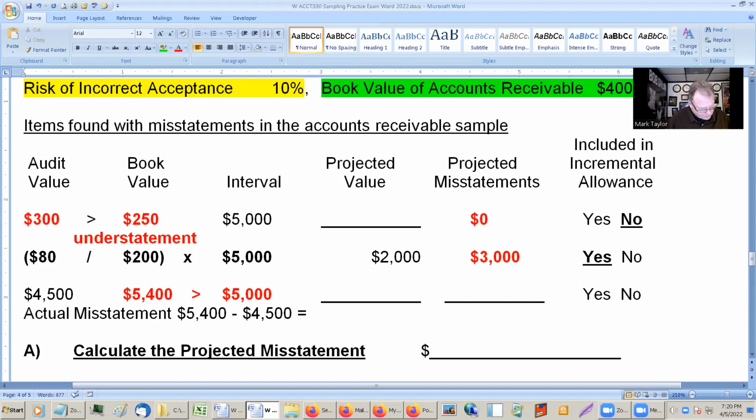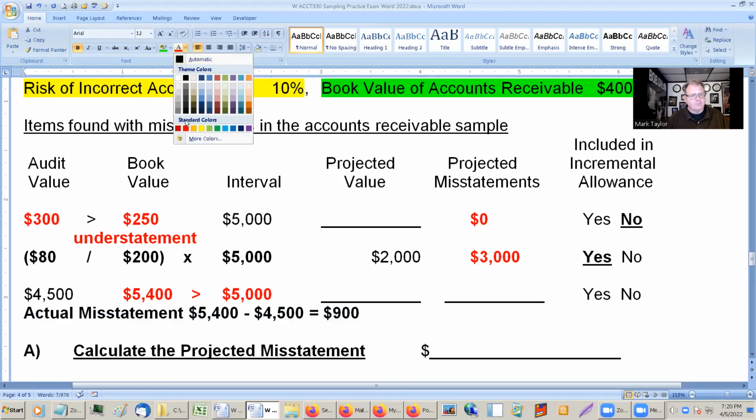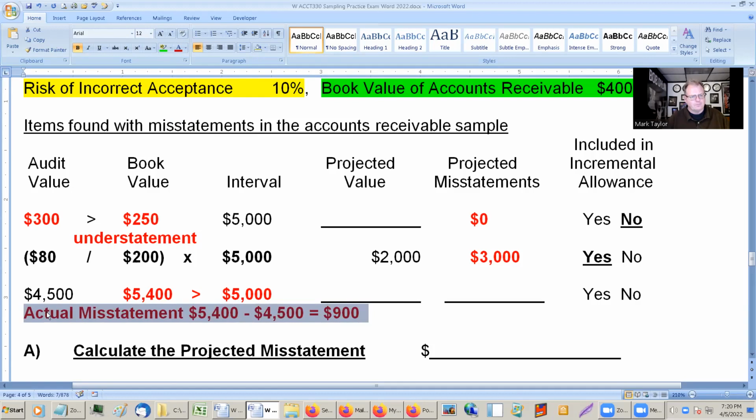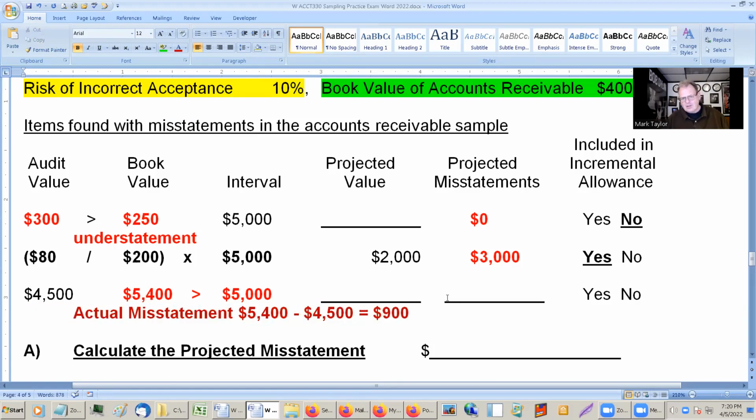$900. So this 900 is what we will include over here.